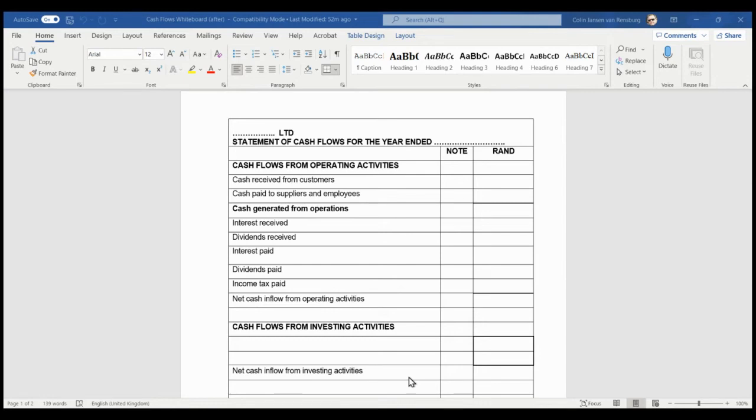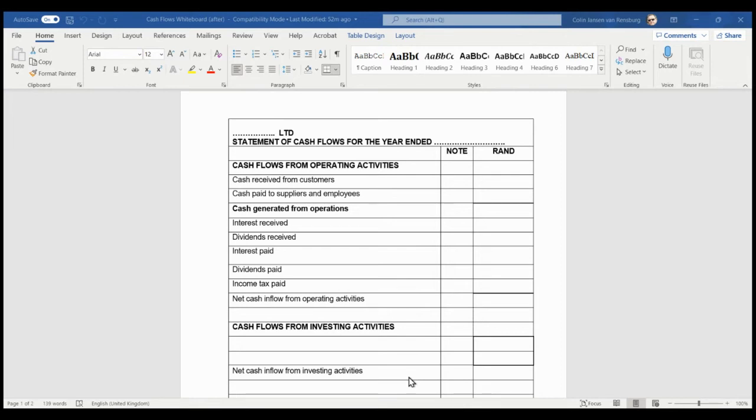So if we think back to our statement of changes in equity, which line item will be closely related to dividends paid? What did we call that in our statement of changes? There we go. Thank you, Sulise. Thank you, Asimahle. Right. Dividends declared.